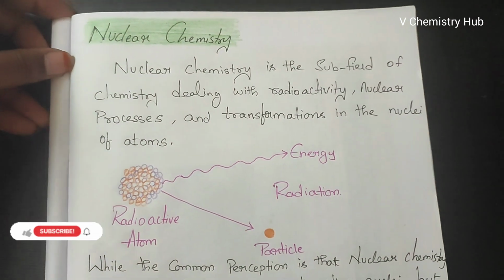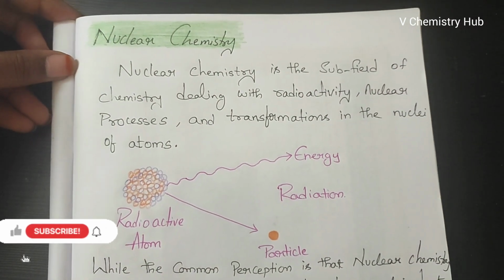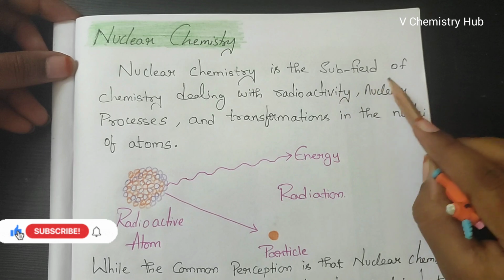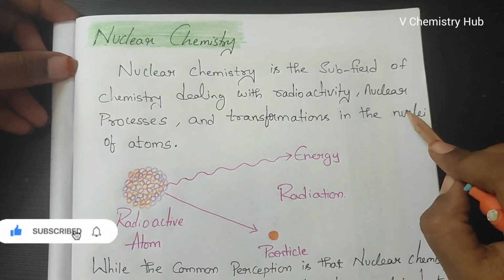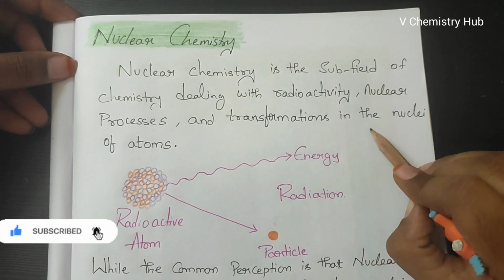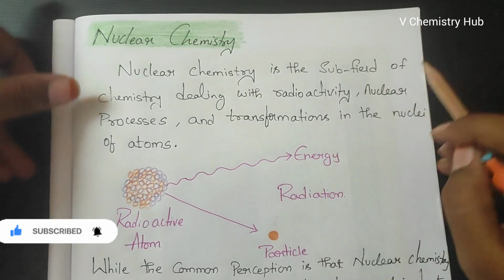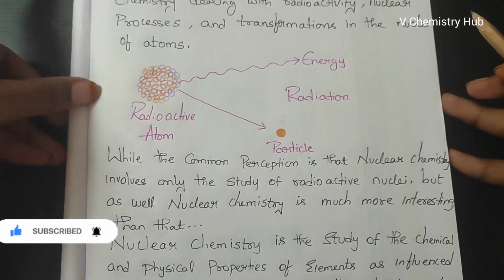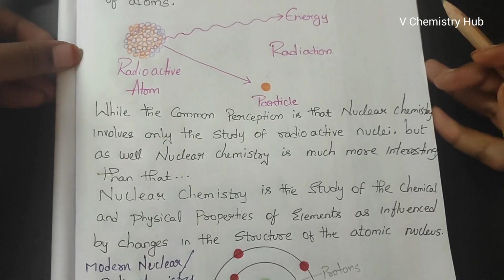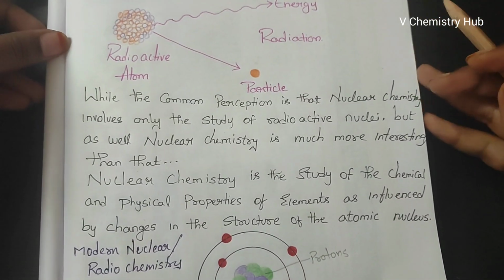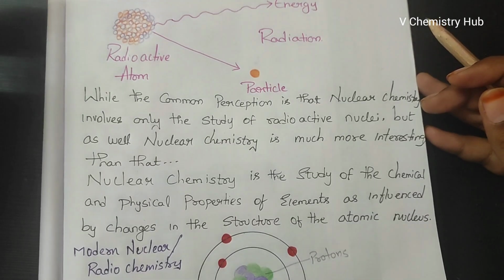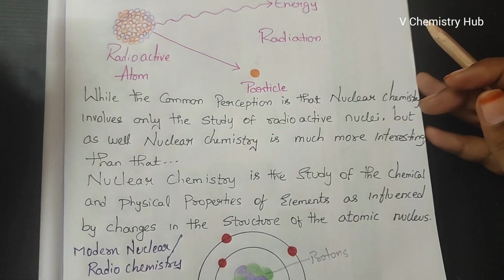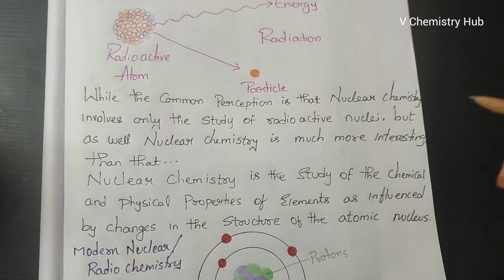Now coming to nuclear chemistry. Nuclear chemistry is the subfield of chemistry which deals with radioactivity, nuclear processes and transformations in the nuclei of atoms. While the common perception is that nuclear chemistry involves only the study of radioactive nuclei, nuclear chemistry is much more interesting than that.